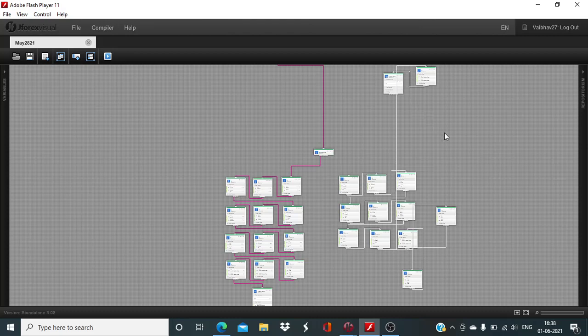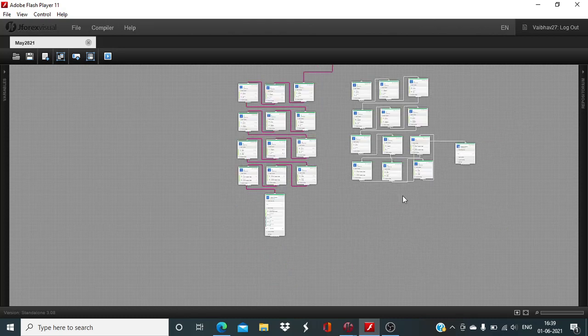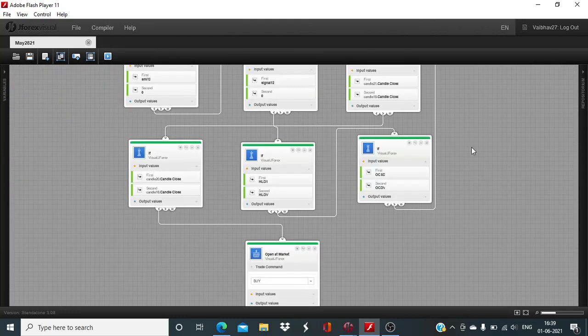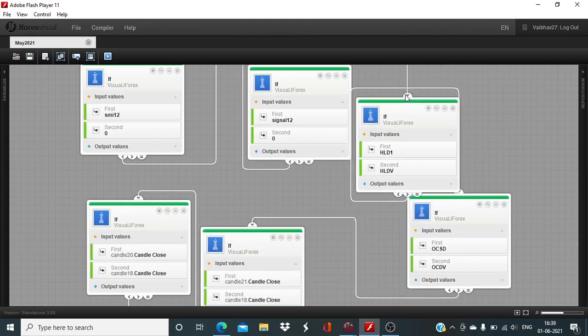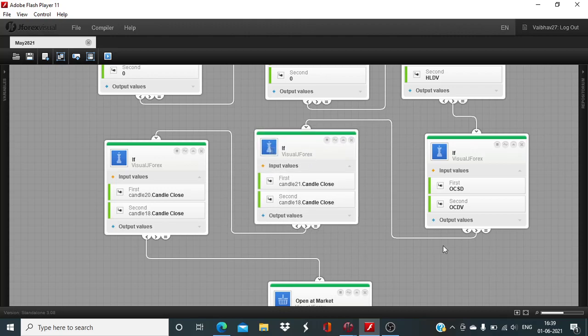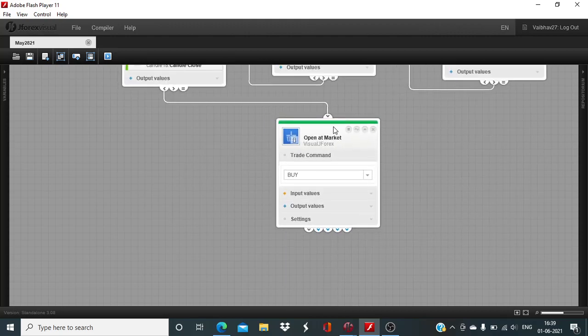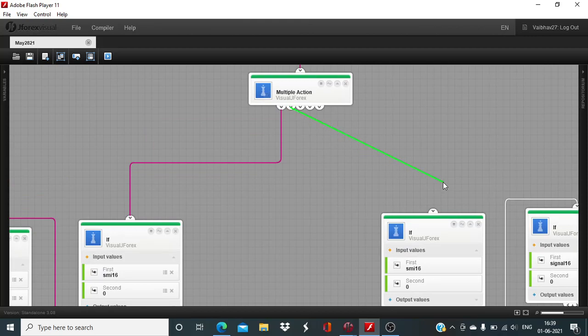We are almost done with this. Just few moments more. I will have to join this to the multiple action block, the starting block.